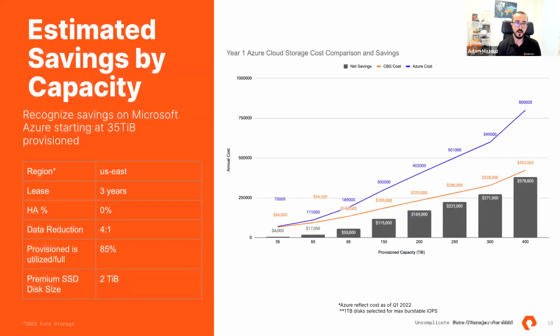And just to give you a bit of what really matters for a lot of businesses, the cost savings that we can obtain when we're putting our Purity on top of the CBS, on top of the native Azure infrastructure, right? Because that's what CBS says. The break-even point here, or when the savings start, is at 35 terabytes provisioned.